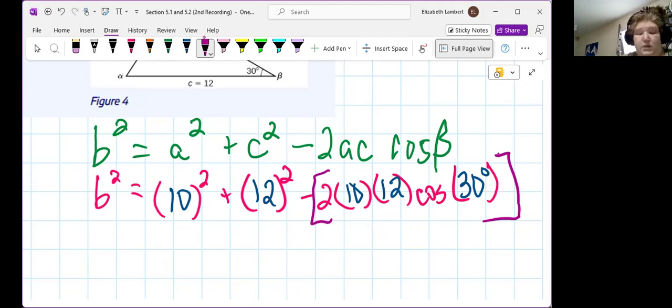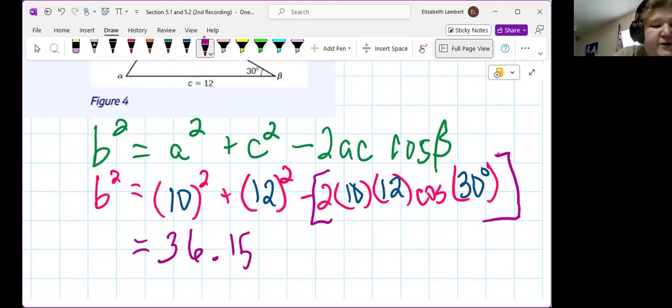So 10 squared plus 12 squared minus 2 times 10 times 12 times the cosine of 30. Make sure you're in degrees, equals. All right, so I got this number, 36.1539, blah, blah.